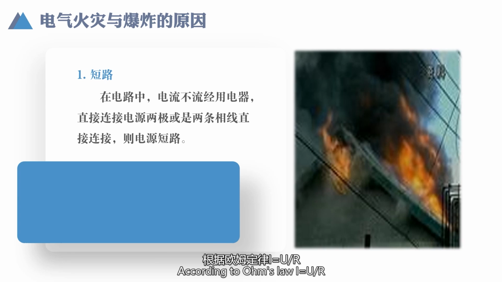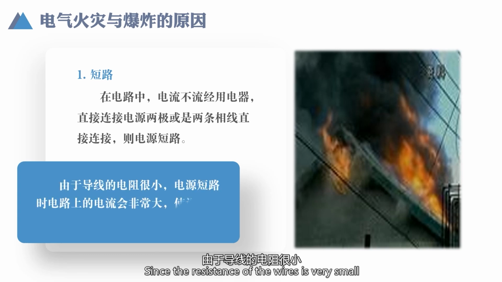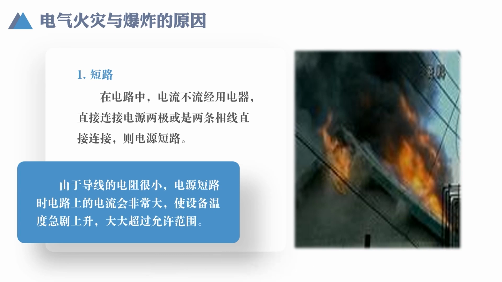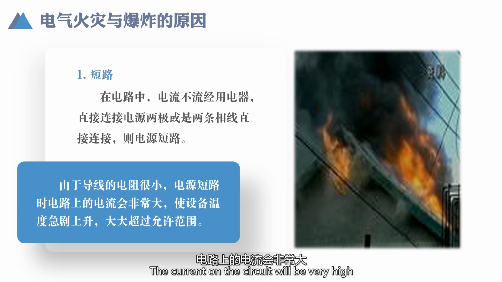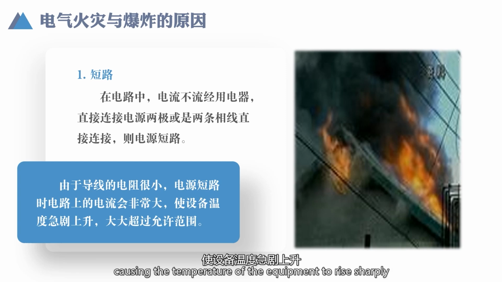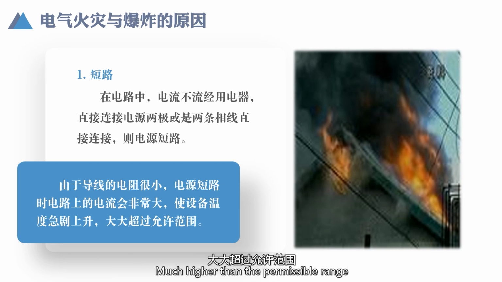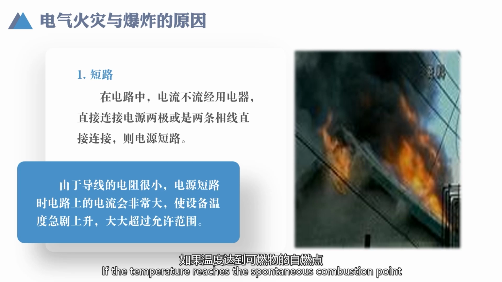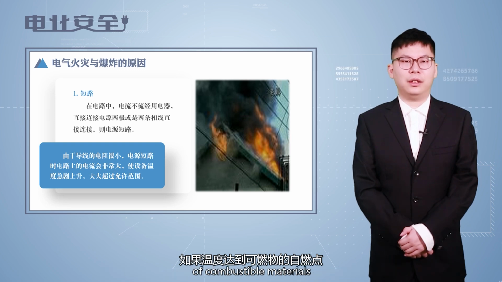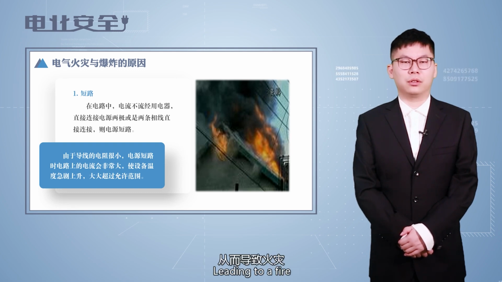According to Ohm's law, I equals U divided by R. Since the resistance of wires is very small, when the power supply is short-circuited, the current of the circuit will be very high, causing the temperature of the equipment to rise sharply, much higher than the permissible range. If the temperature reaches the spontaneous combustion point of combustible materials, it will cause combustion, leading to a fire.